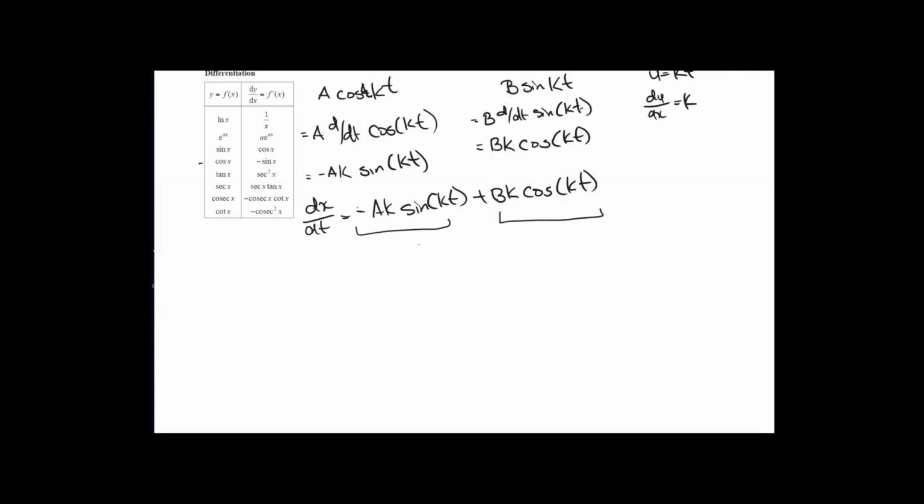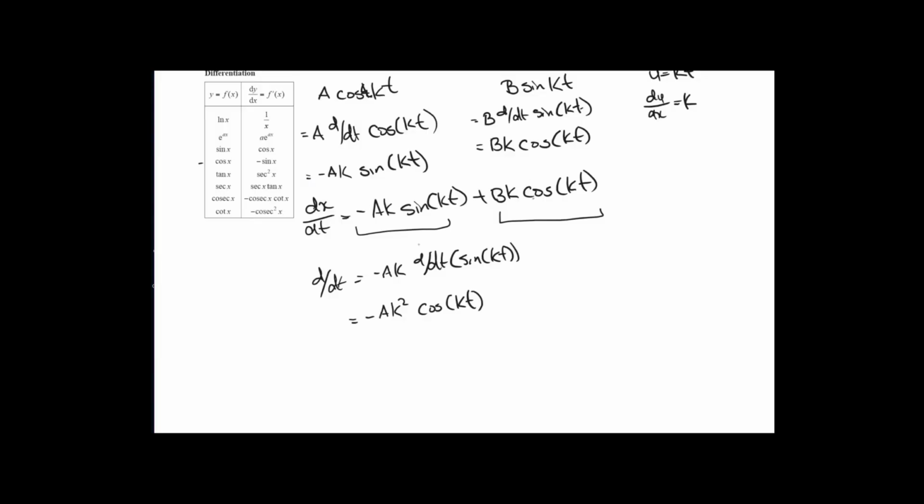And the good thing is that negative ak and bk are all constants, so we can just bring them out the front. So when we differentiate with respect to t, we get minus ak times d/dt of sine of kt, and the kt is the inner function again. When we differentiate sine, we get cosine. So it's going to be minus ak squared, because the k comes out the front, cosine of kt.